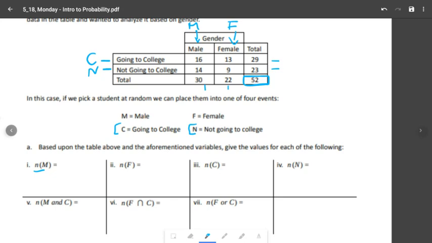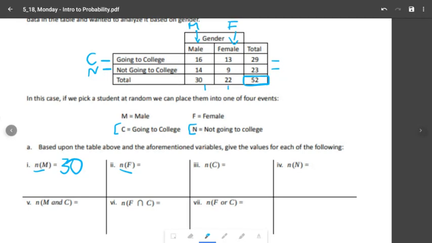I just want the number of students that were male in general. So I'm looking at the total of males, which is 30. See here, these are my males. The total is 30. You do not have to add up all three of these. That last one is already giving you the total. So the adding was already done for you.